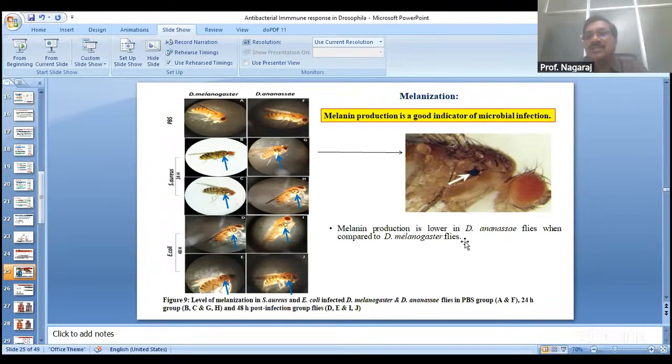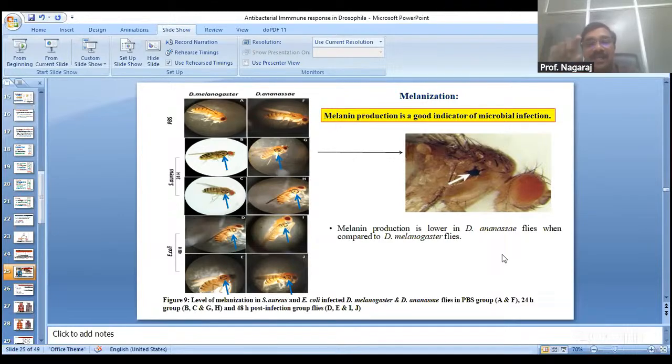Melanin production is a little lower in Ananassae flies when compared to Melanogaster flies. Basically, all these experimental setups were done at different time points. Throughout the studies, we did this at 3 hours, 6 hours, 12 hours, and 24 hours. Melanogaster shows a response at different time points, whereas Ananassae shows it at other time points.